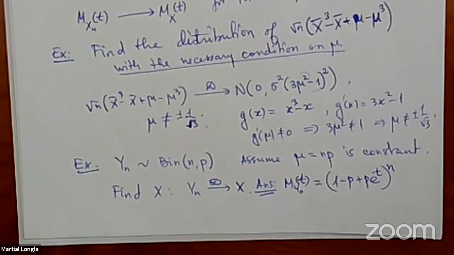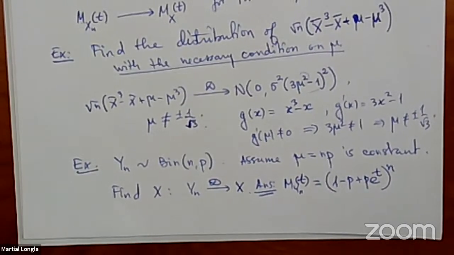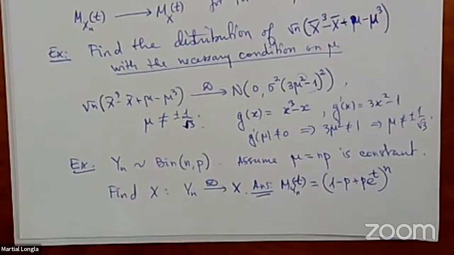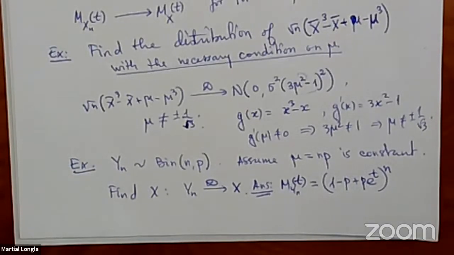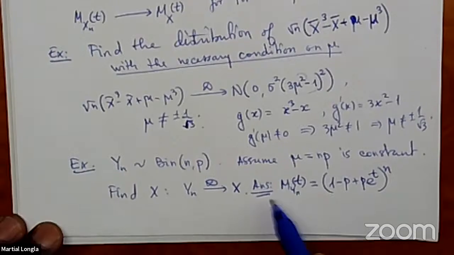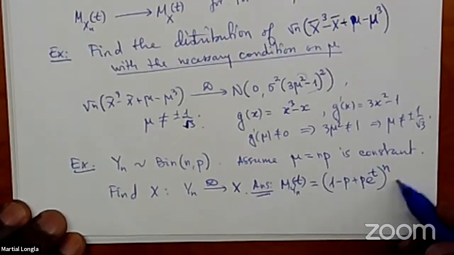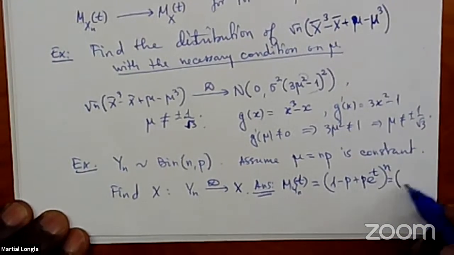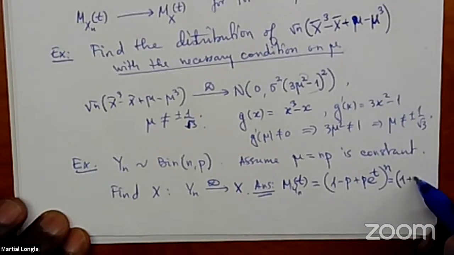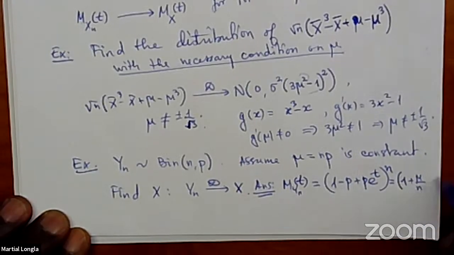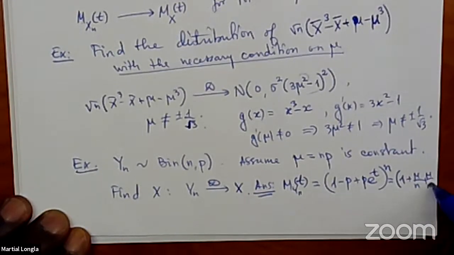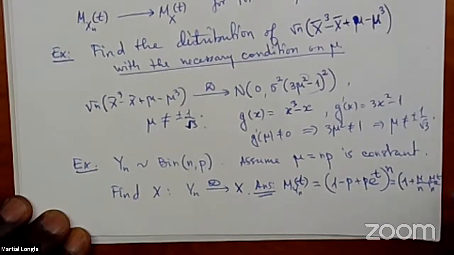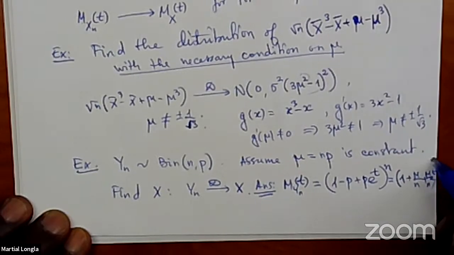Is that what it is? Just say yes. Okay. So that's the moment generating function of Yn, and we want to find the limit of that. And so this is 1 minus p, and p is mu over n, plus mu over n e to the t, and then raise the whole thing to the power n.